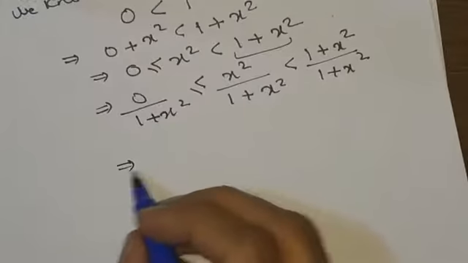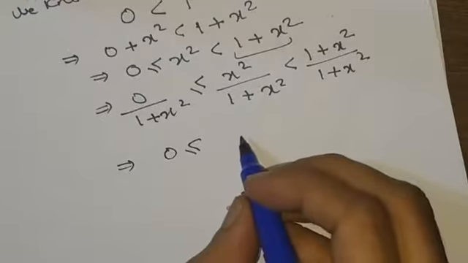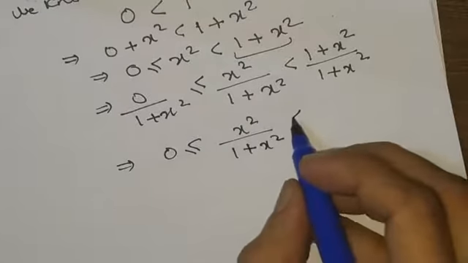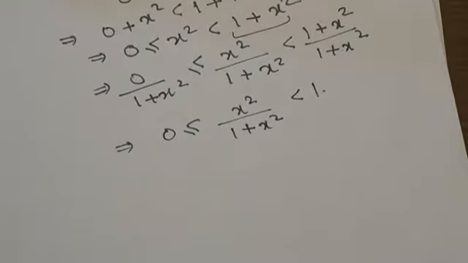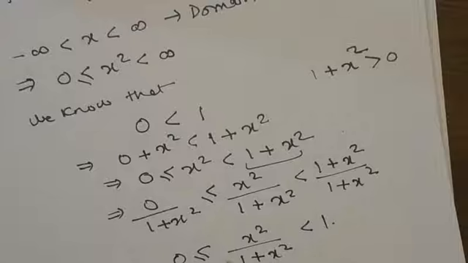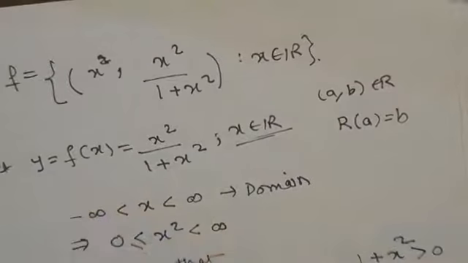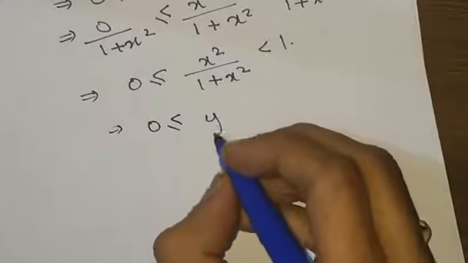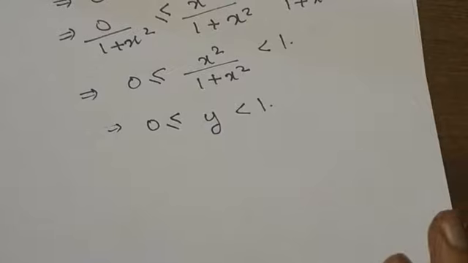Okay, so that means 0 is less than or equal to x² divided by 1 plus x² less than 1. Okay, and now what is x² divided by 1 plus x²? It is y. So we can write 0 less than or equal to y less than 1.